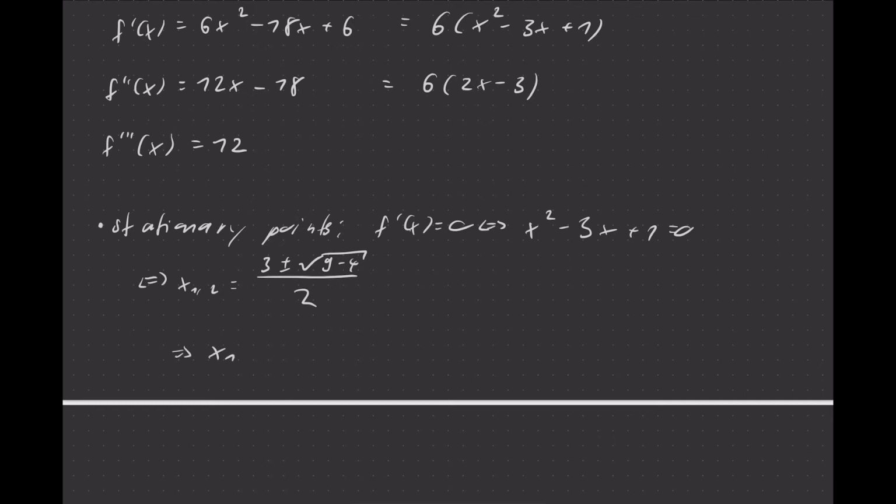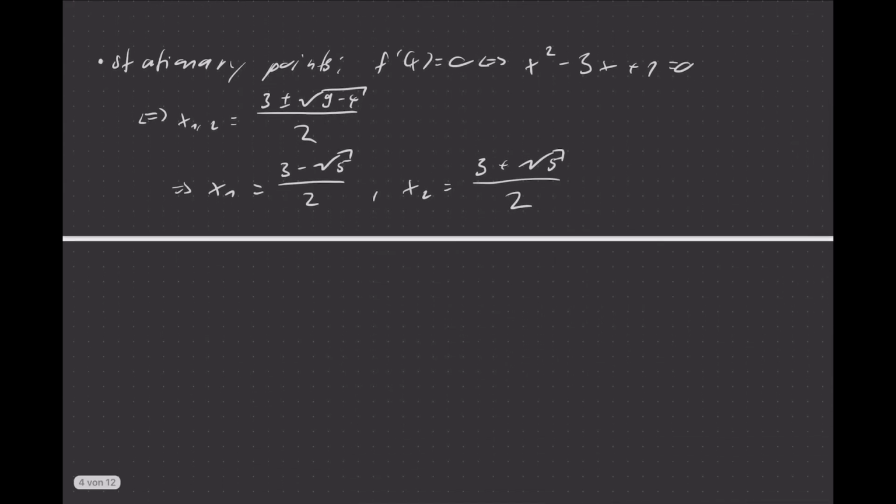So we get two stationary points. x1 is 3 minus the square root of 5 over 2. And x2 is 3 plus the square root of 5 over 2. Now I'm going to find out whether these are local extrema, and if so, of which type.